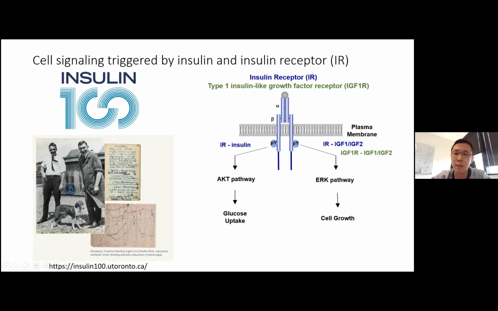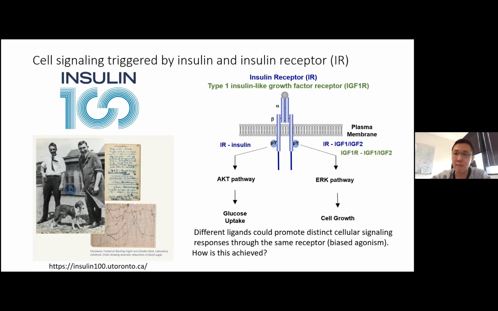But there's another receptor I mentioned, the IGF-1 receptor. Its activation is relatively simple, because the IGF-1 receptor can only be activated by IGF-1 and IGF-2, and in this way it can control cell growth. You can see the insulin receptor is actually a multifunctional receptor and can respond to different ligand stimulation.